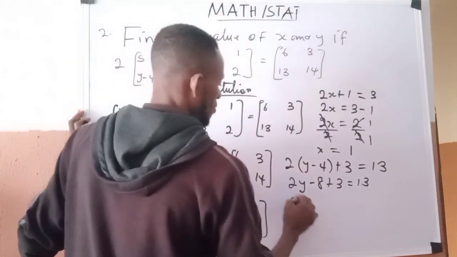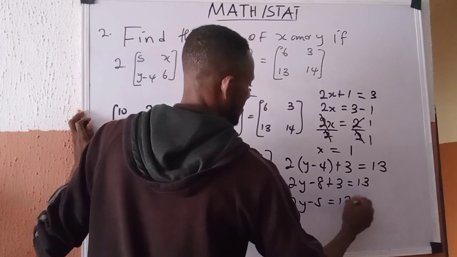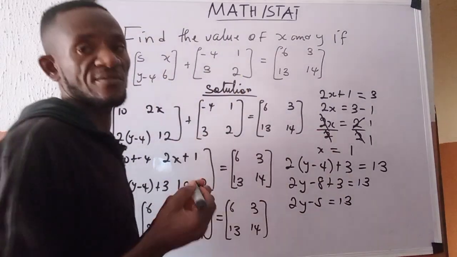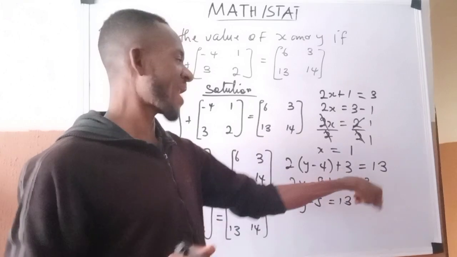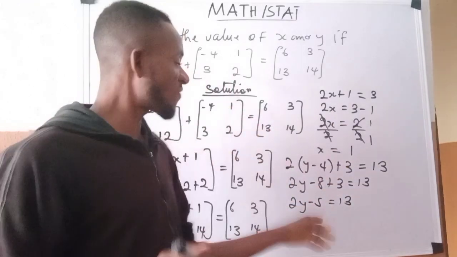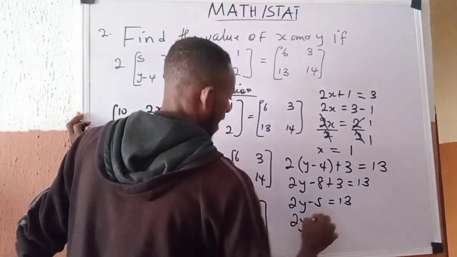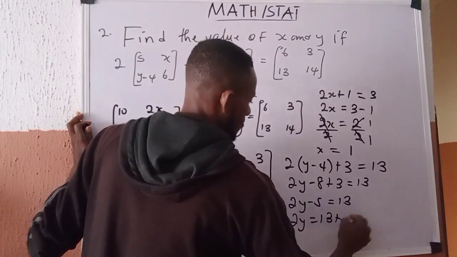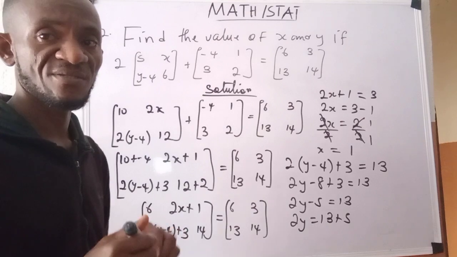So what I have here is 2y minus 5 equals 13. In that case, this 5 can now go over there, and on going over there, it becomes plus. So 2y is 13 plus 5. 13 plus 5 will give us 18.